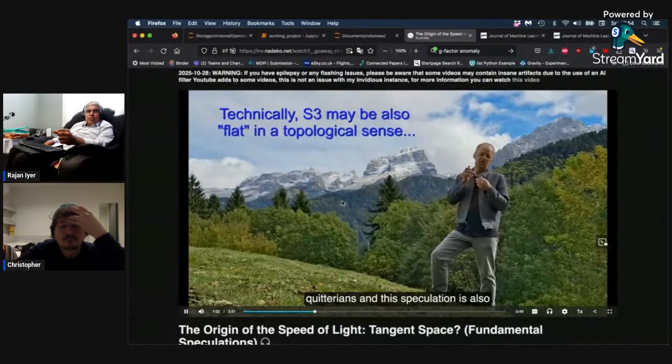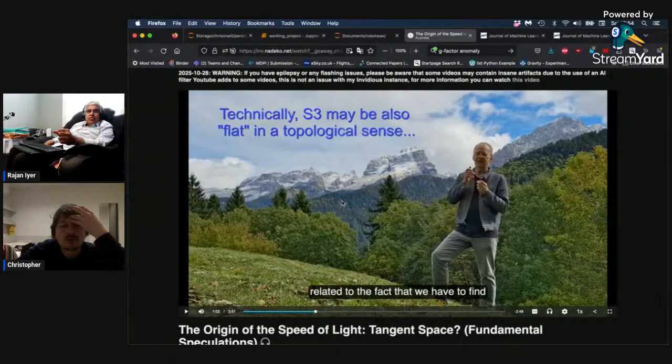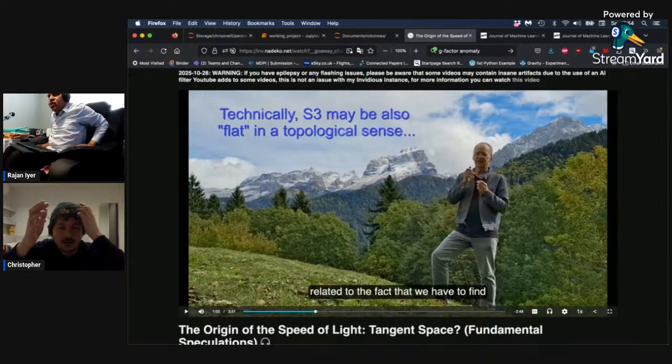So he's saying, what if we live in a three-dimensional unit sphere? Again, that's a little bit different because the hypersphere is technically four-dimensional, or at least it lives in a four-dimensional space.